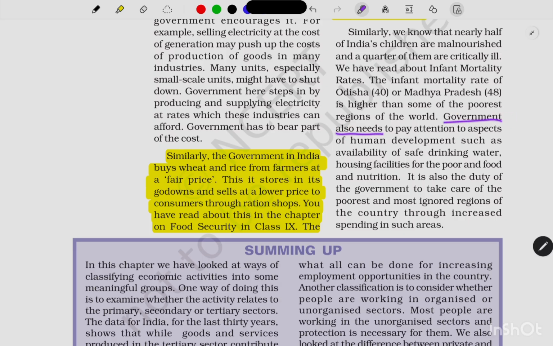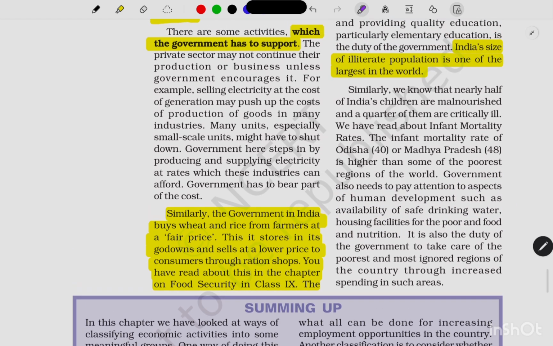The government also needs to pay attention to aspects of human development such as the availability of safe drinking water, housing facilities for the poor, and food and nutrition. I have this idea.